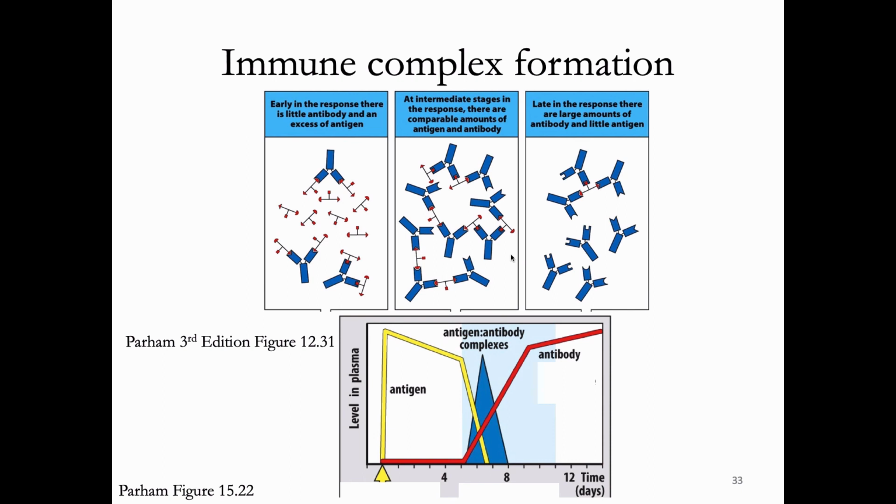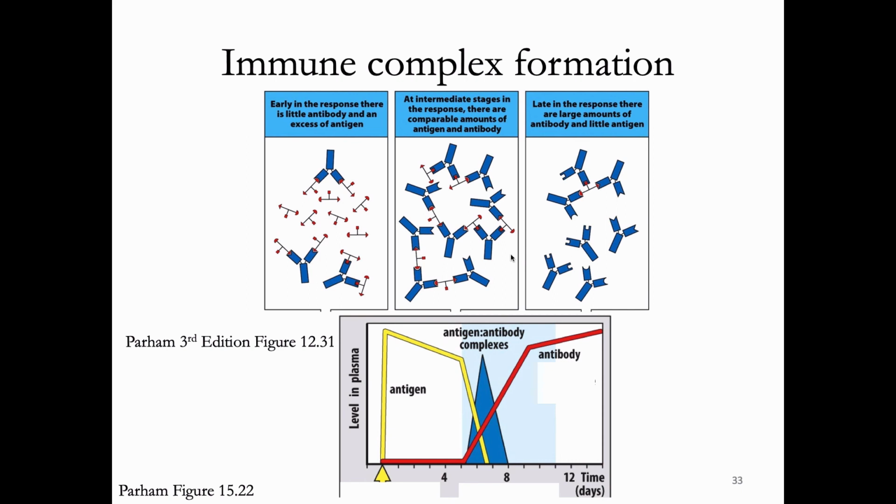We have very high antibody, we see lots of antibody, we see no immune complexes. But there is this period right in the middle where there's just the right amount of antigen, just the right amount of antibody, and we can have some type of immune complex. And here it's showing where your antigen is degrading over time, your antibodies being induced over time, and that there might be some brief period of time where you might see immune complex formation.